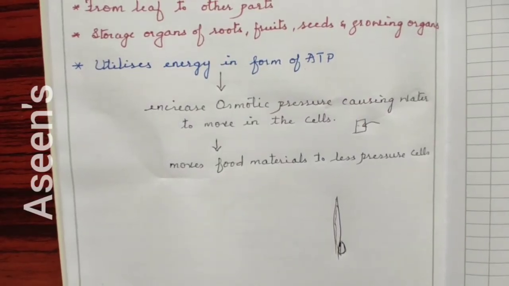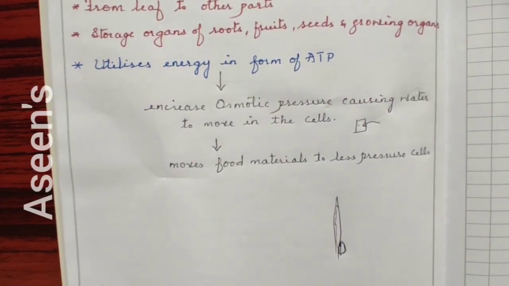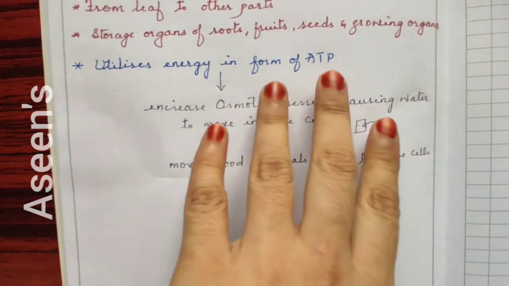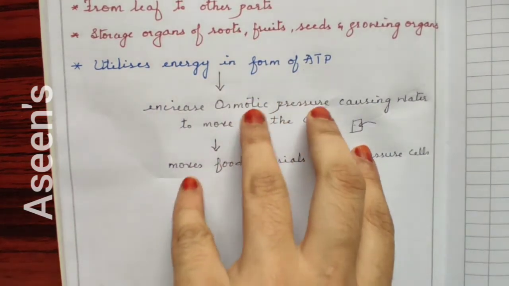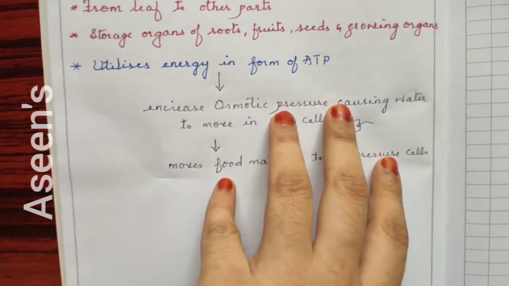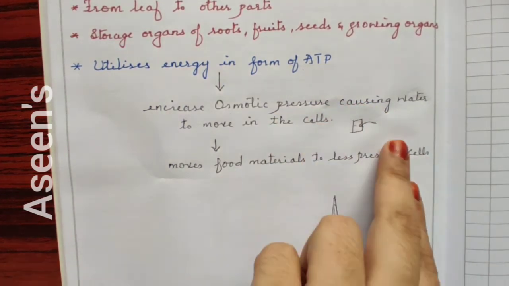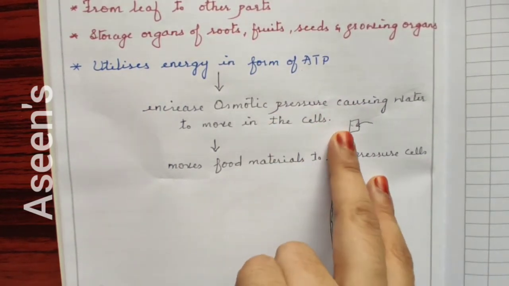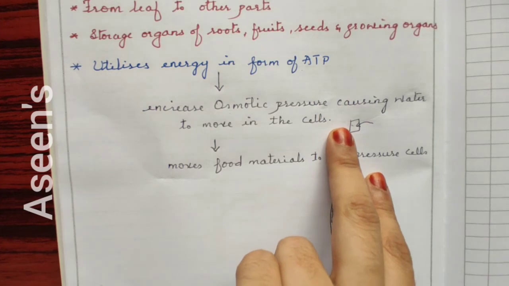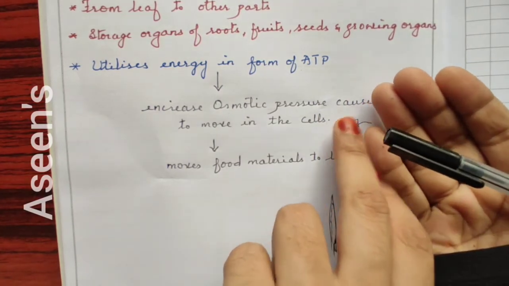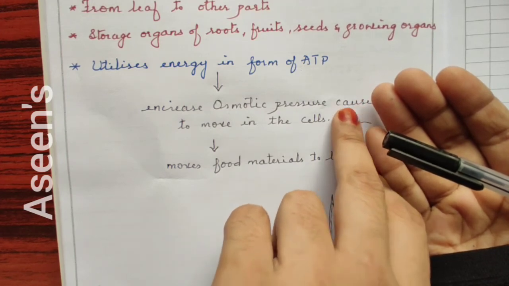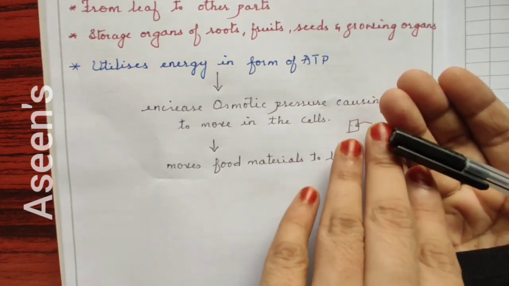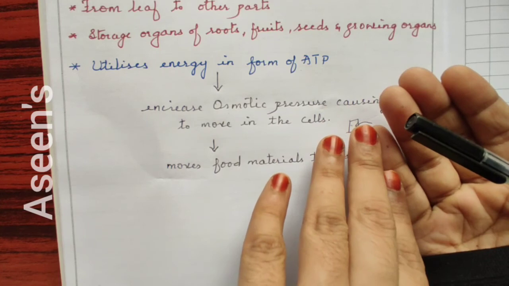So now let's try to understand the process of translocation. The process goes as follows. Using ATP, using the energy, phloem will increase the osmotic pressure inside the cells, due to which water will start to move inside the cells. As water starts to move inside the cell, the food particles which are present will start to move towards the cells which have lesser or low pressure.